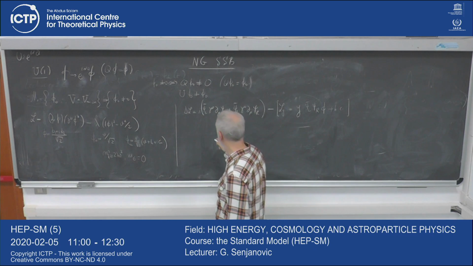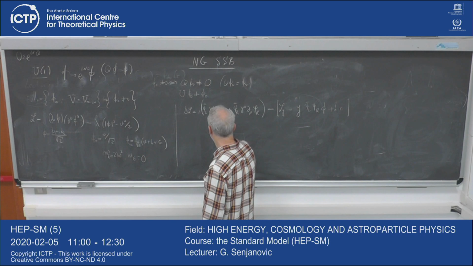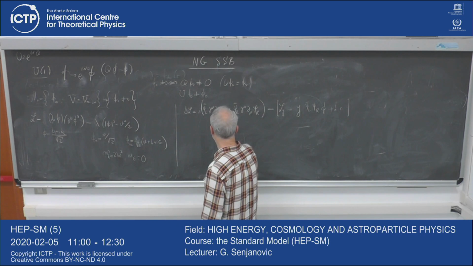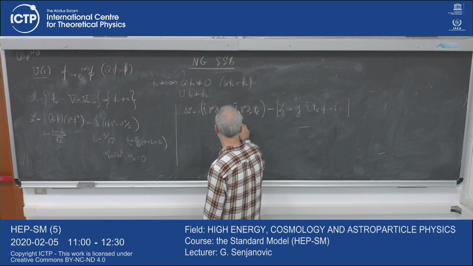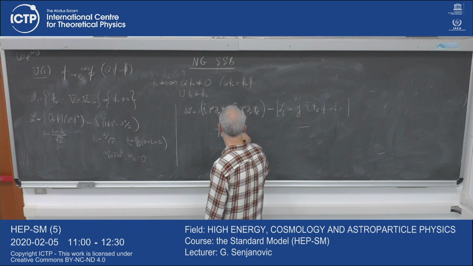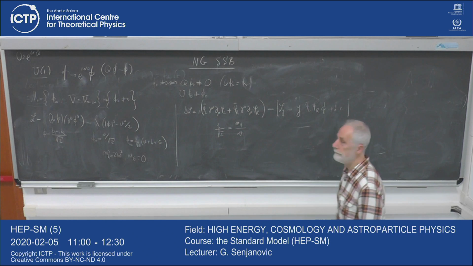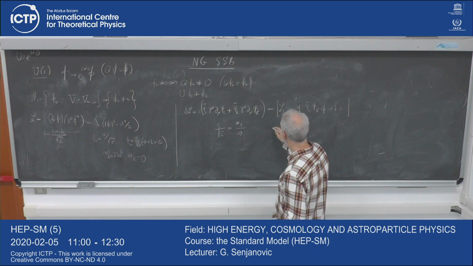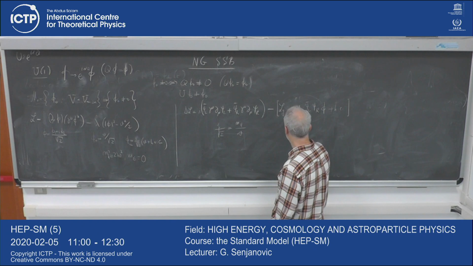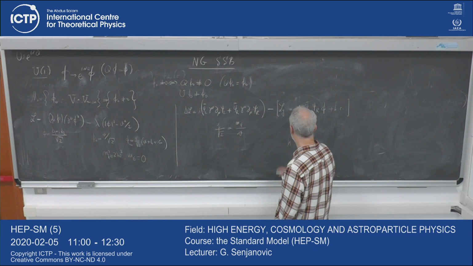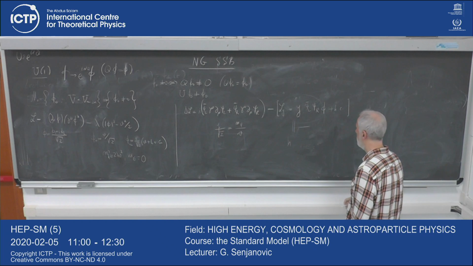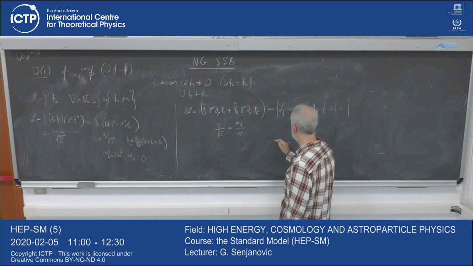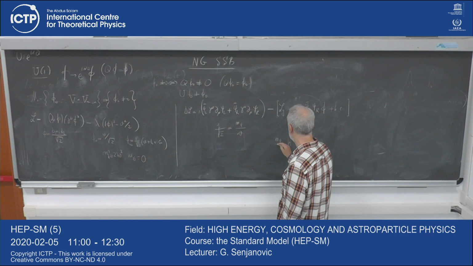Remember that the Yukawa over square root of 2 is m psi over v. I found out when the dust settles that from here I will get the coupling of the Higgs, I already started calling it Higgs, is proportional to m psi over v.